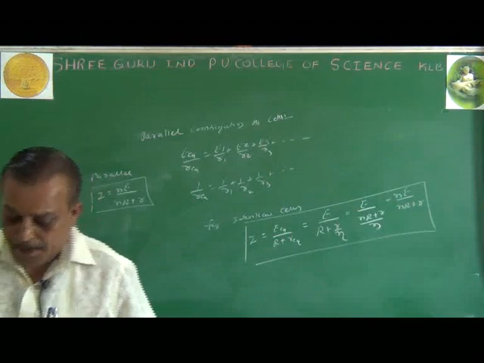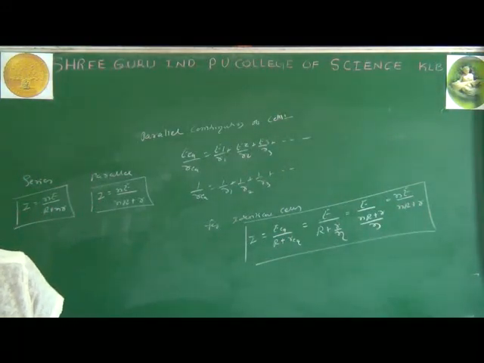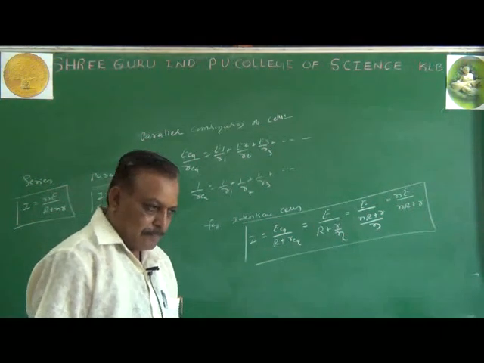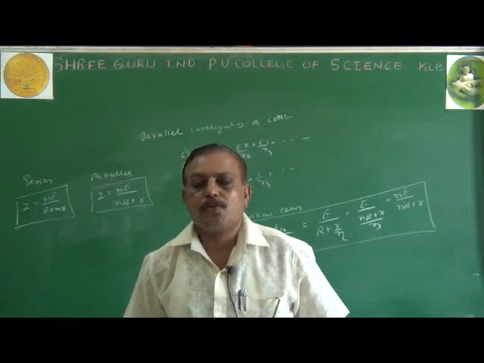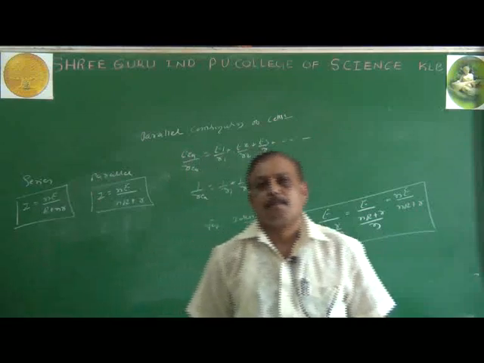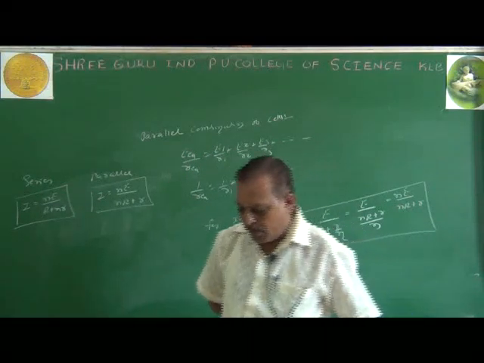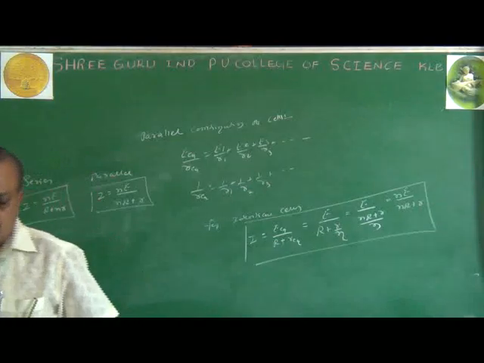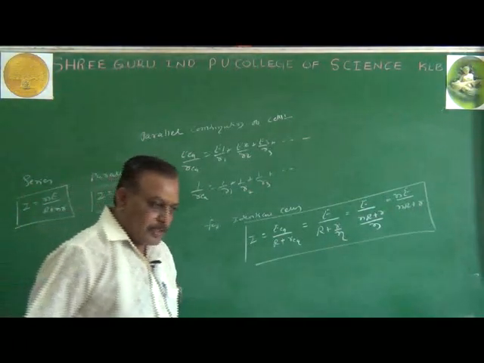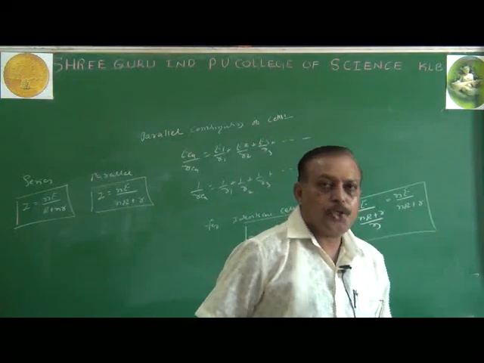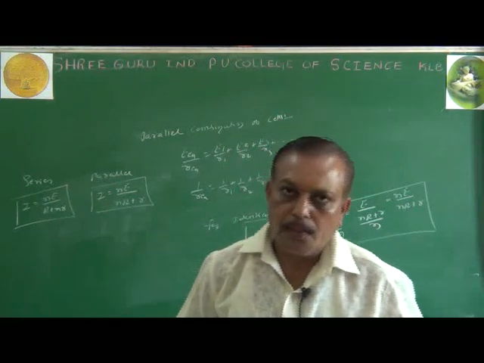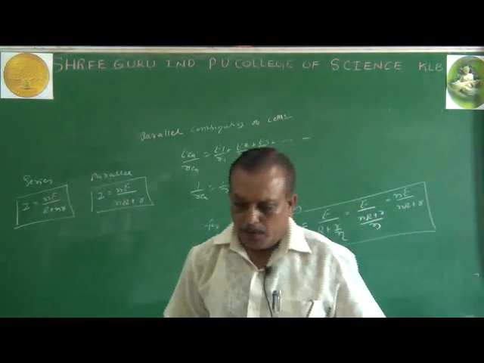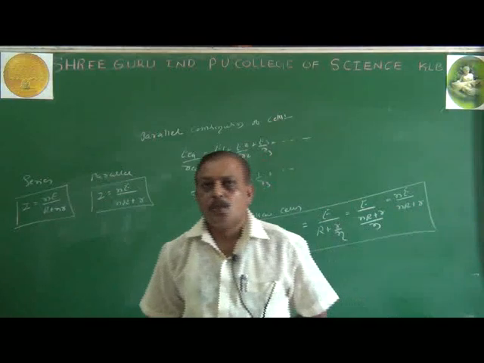Yes. Then after completion of this main thing, the combination of the cells, we enter into Kirchhoff's laws to deal with complicated circuits. Whatever circuits we have dealt with using Ohm's law are almost all simple circuits. Ohm's law is not enough to deal with complicated circuits. One more person is going to emerge in current electricity, that is Robert Gustav Kirchhoff, to deal with both simple and complicated circuits, and he proposed two basic laws.